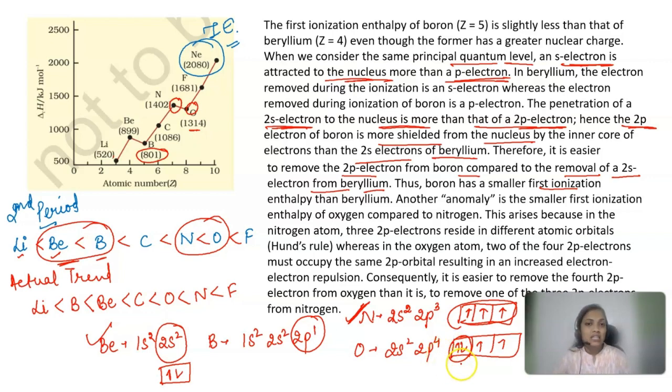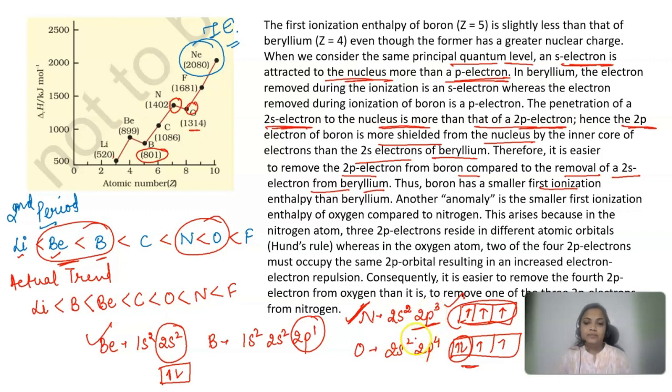So it is easier for us to remove that electron from oxygen than to remove it from nitrogen. So that is why the ionization enthalpy or ionization energy of nitrogen becomes more than oxygen. Okay, the reason is that half filled subshells are extra stable.